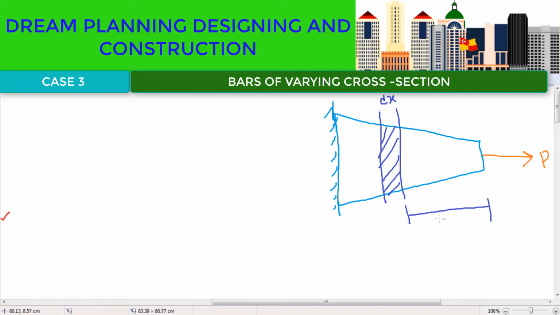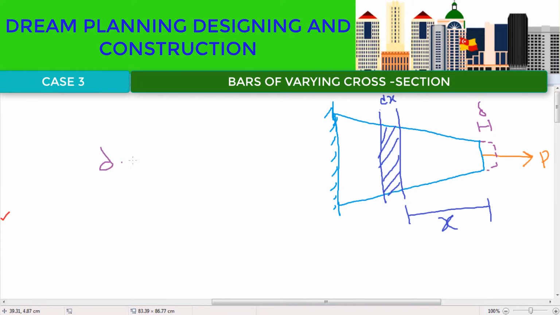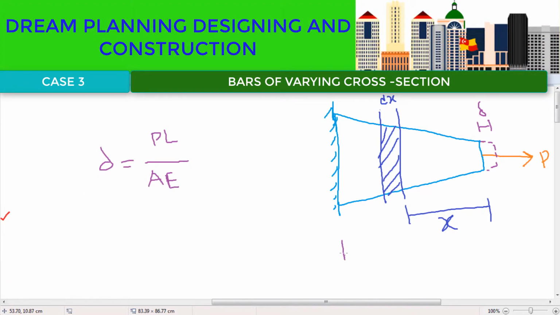For this case we have to determine del, how much deformation occurs. We know that del equals PL by AE. Here the area is a function of x, that means due to the change of length the area also changes. So for each area del is different, so we have to integrate along the total length.